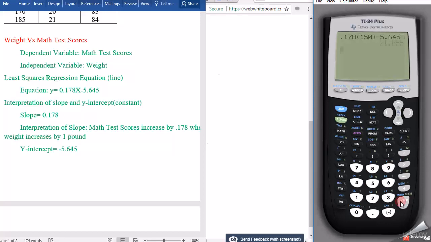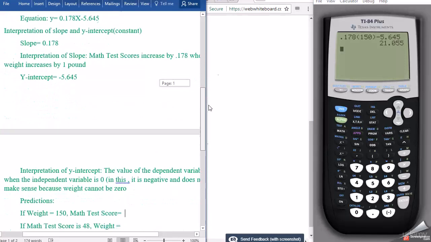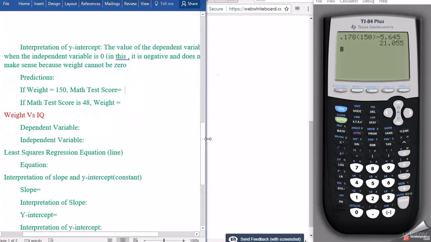Okay, so it's 21.055. So when weight is 150, the math test score is 21.055.